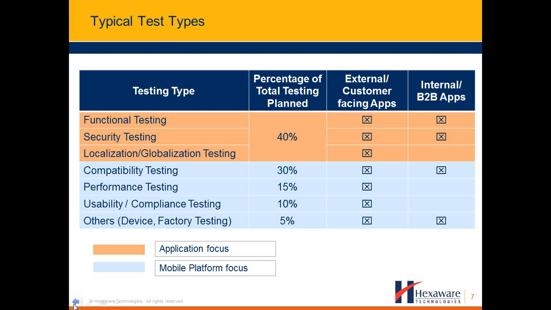Whereas compatibility testing ensures your application has been tested with respect to compatibility with supported mobile operating system families and versions. It also involves compatibility with supported OS devices, be it phones, tablets, and specific models that are out there in the market.